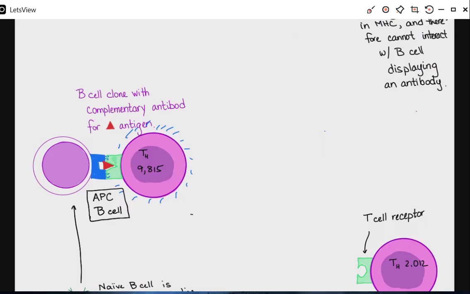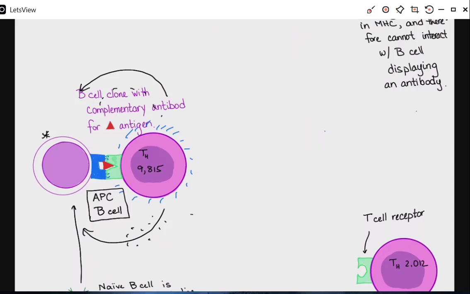So we have this cell-to-cell contact once again. And so we're going to see cytokine, fairy dust, being secreted here, and that's going to activate this B cell. And what does activation mean? It means make a bunch of daughter cells, and those daughter cells should be secreting antibodies.